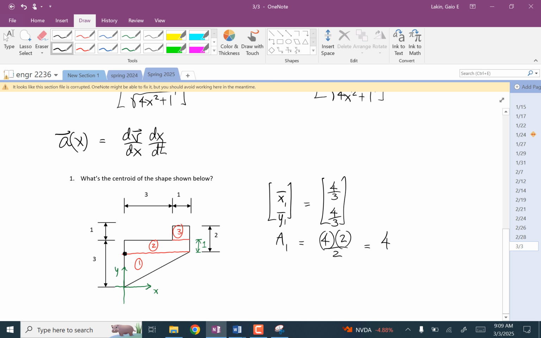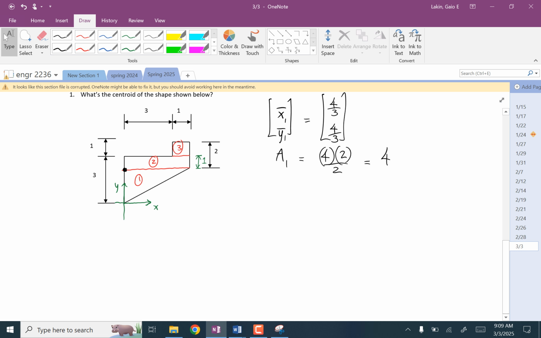Y bar, okay. So for this triangle, we know that the centroid is here, right? Yeah.